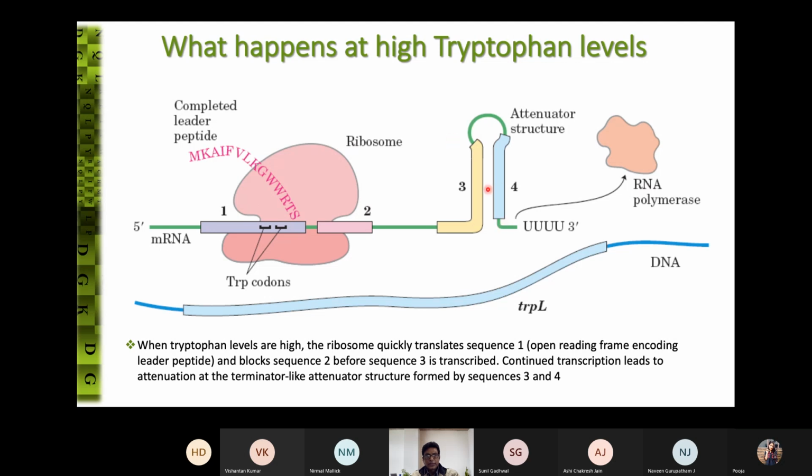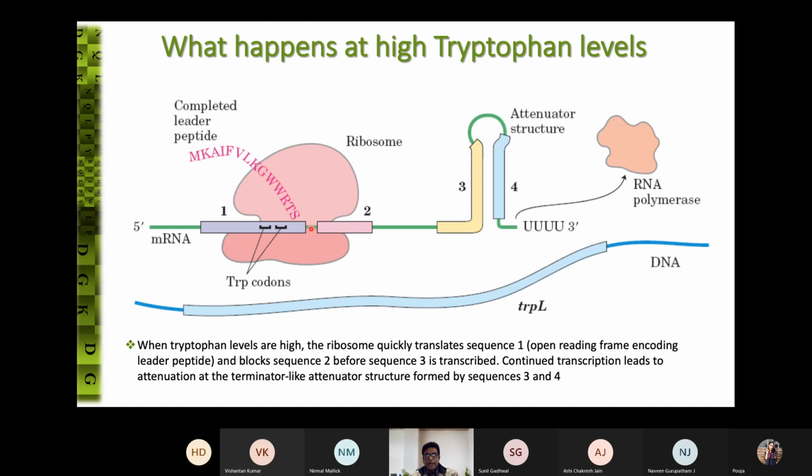If 3 and 4 are being synthesized by the mRNA, they essentially come together and form a terminator-like sequence, and this terminator will essentially stop this synthesis taking place, right?